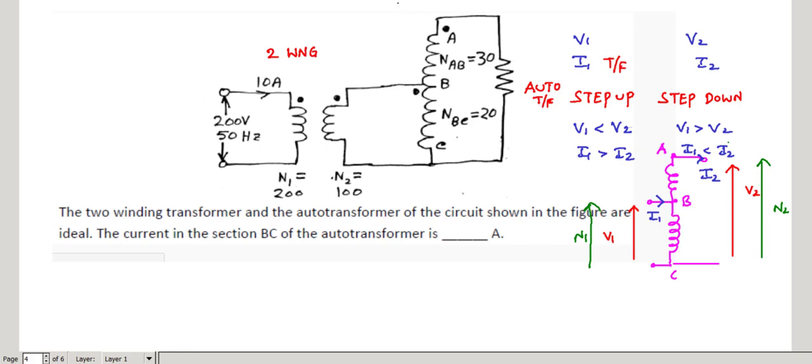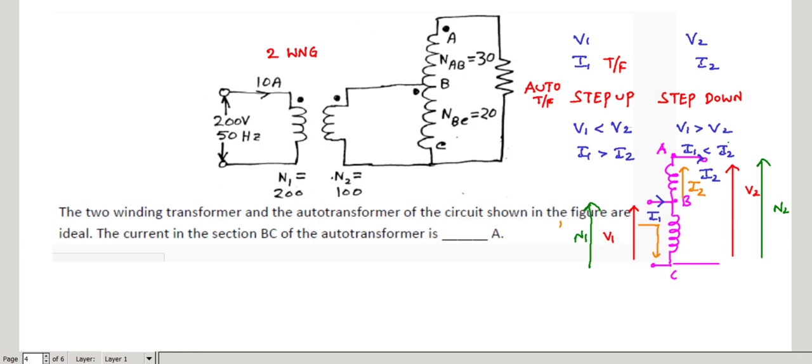You can observe here, I2 is leaving, so the direction of I2 is like this. I1 is entering, so the I1 flows like this. So for the current in this winding section, whether it is downwards or upwards, if we know this, then the matter is over.